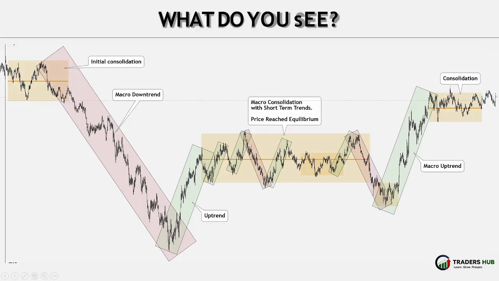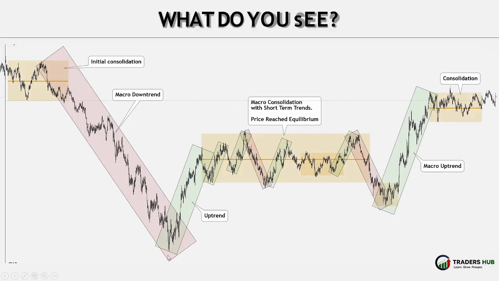What did we mention on the dynamics of a downtrend? A downtrend is characterized by a sequence of lower lows, lower highs, lower lows, lower highs. And this was a downtrend.